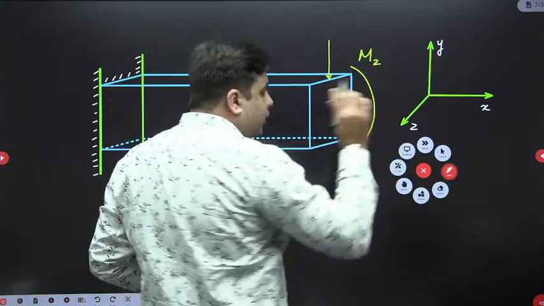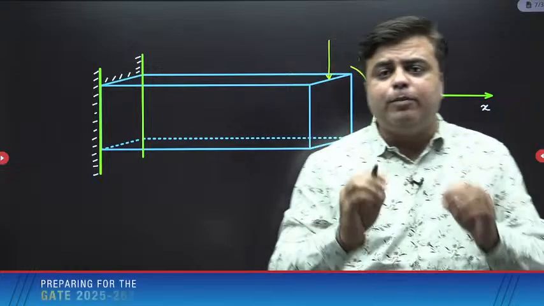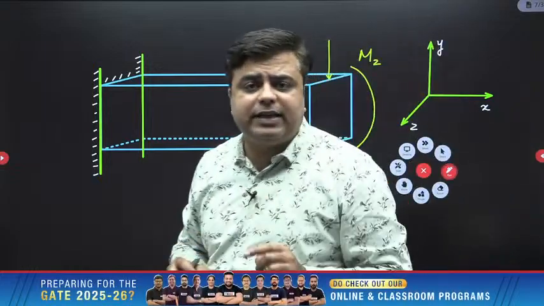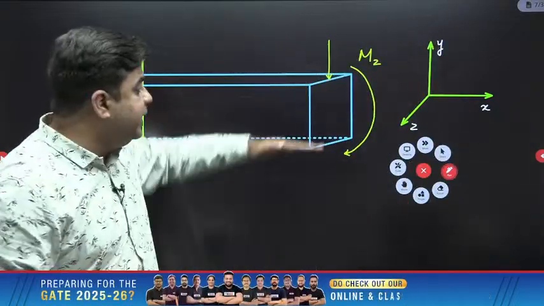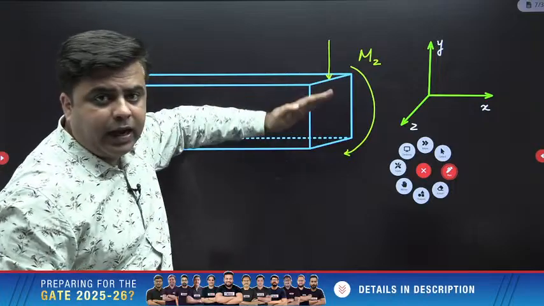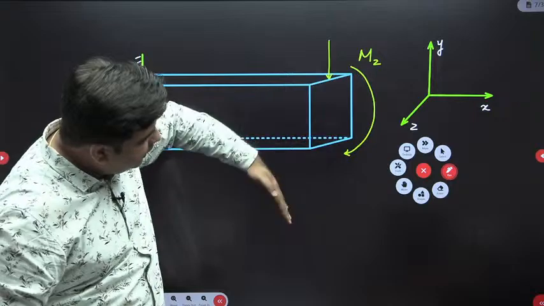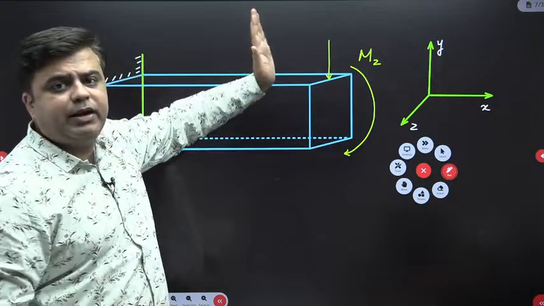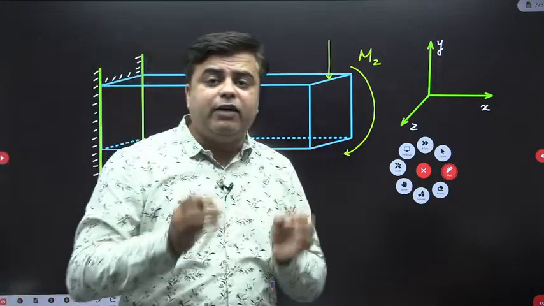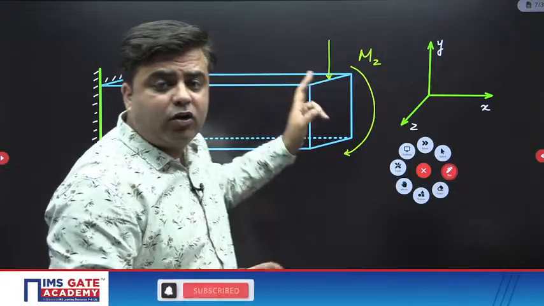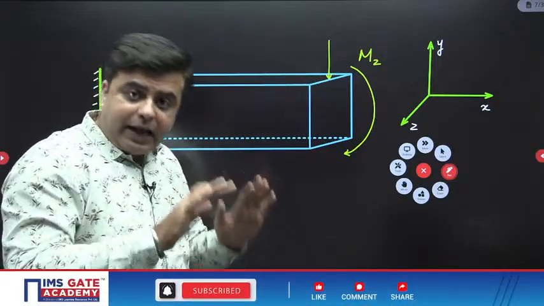So one thing I got to know is that if the moment acts about z axis, then it will cause bending in the vertical plane. It can be either way. It can be deflecting downwards or it can be deflecting upwards. So whatever bending you see is because of this Mz as of now.